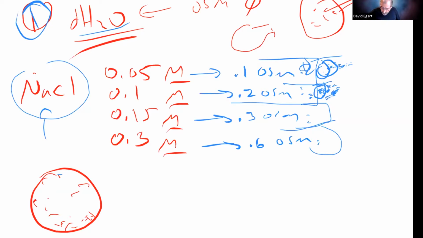If it's more slightly hypotonic, it might not necessarily explode. Or maybe some of the cells that are already weakened will explode, but the cells that are healthier, that have more of an ability to adjust, will still stay intact.